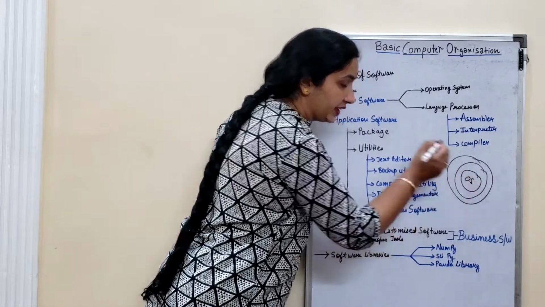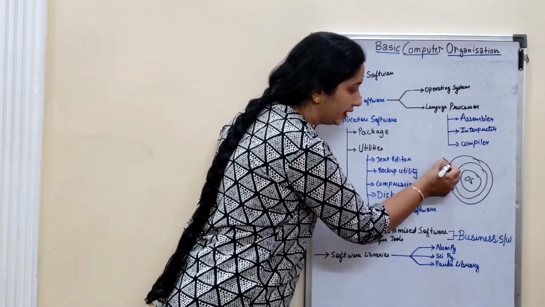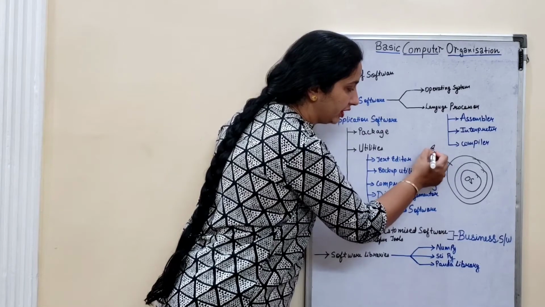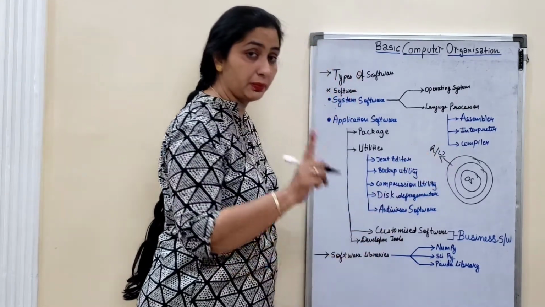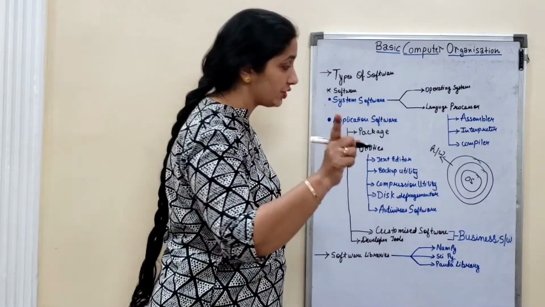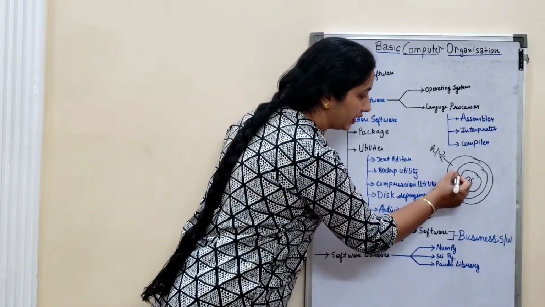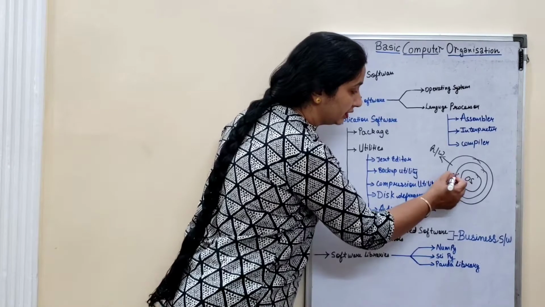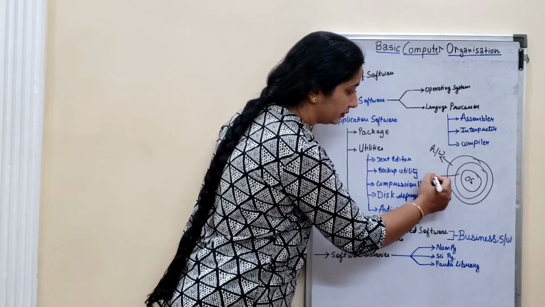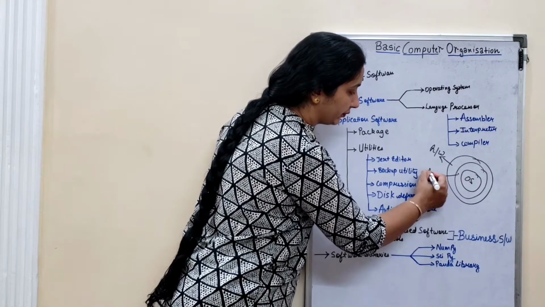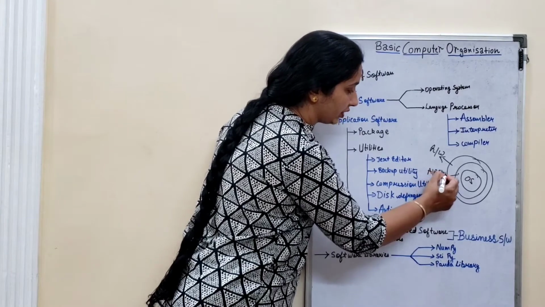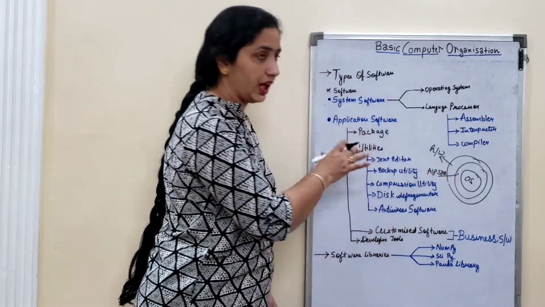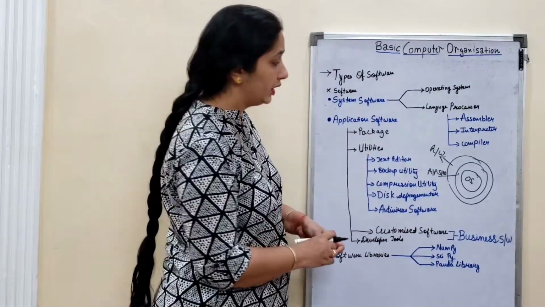Here you will have your hardware, the part which you can touch, which you can use. Then here we have our application software. Now what is application software? I'll come to this part as well.